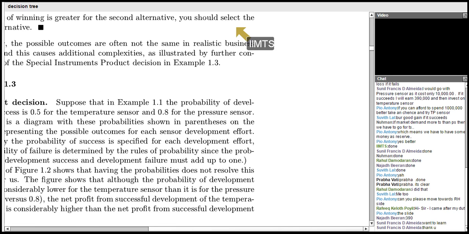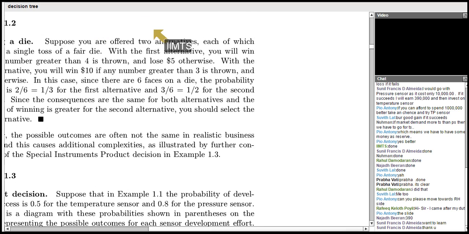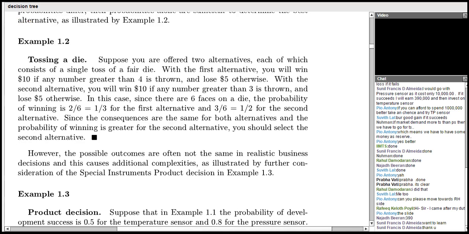Now, tossing a die. We know what a die is, don't we? Let me try to draw a die. Well, I can't draw very well because I don't have a drawing board here, but let me just try. Oh, sorry, I destroyed that. Okay, let me draw a die.